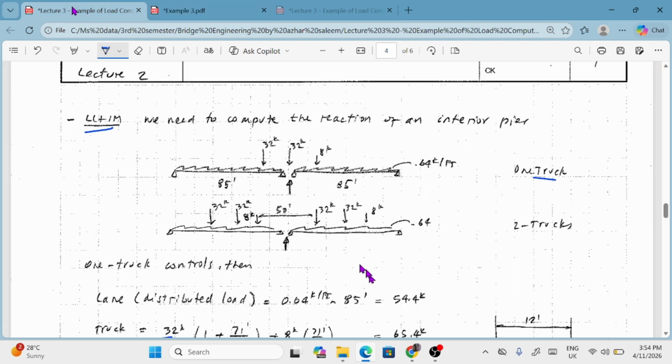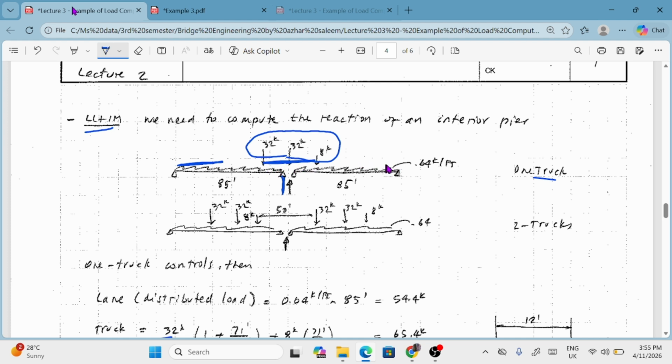There are two situations. The first situation is that there is only one truck on the bridge. The truck position should be at the worst situation in the entire bridge. If this truck is placed here and we calculate the reaction on this pier, it will be minimum compared to this.